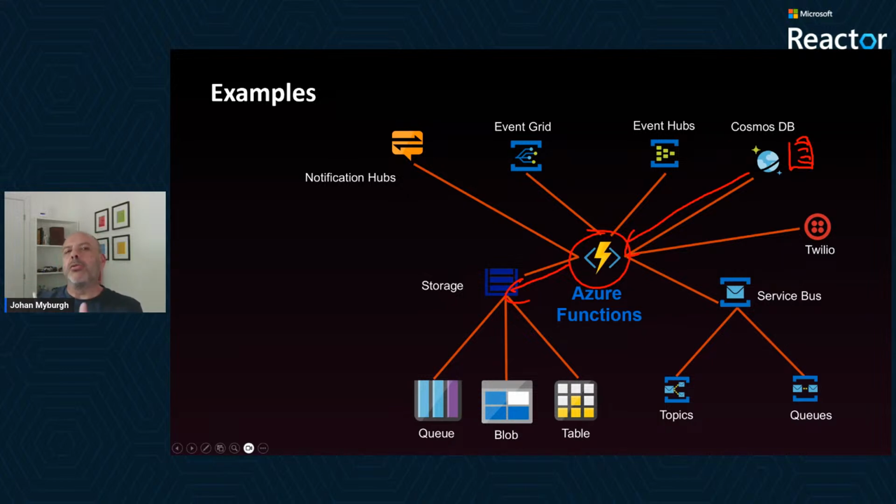It's really just adornments that we are using to read and write information out. This is a pretty old picture, but it's still relevant today. Functions integrate with almost all the prominent Azure services, and even with third-party services like Twilio.